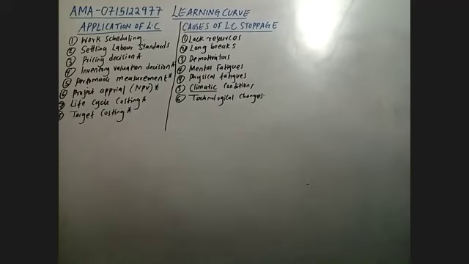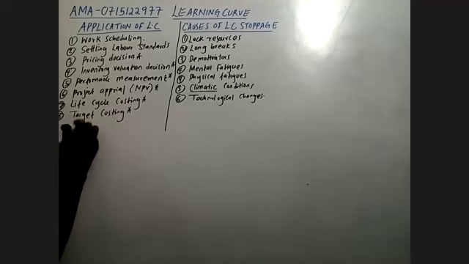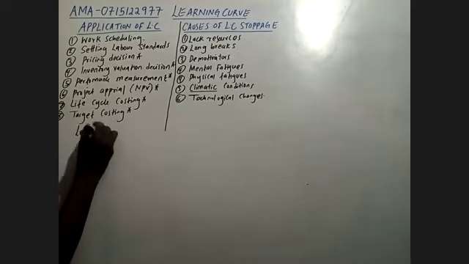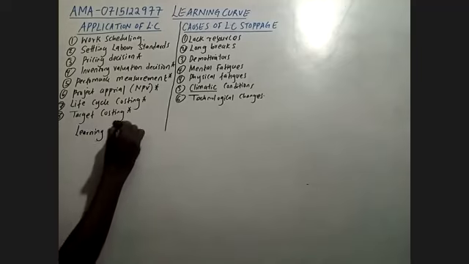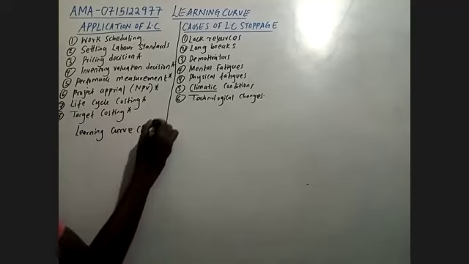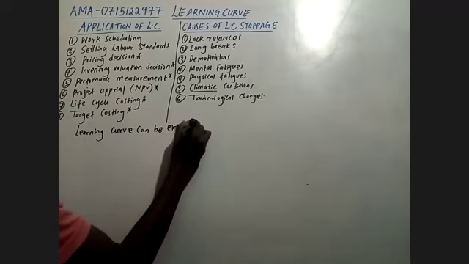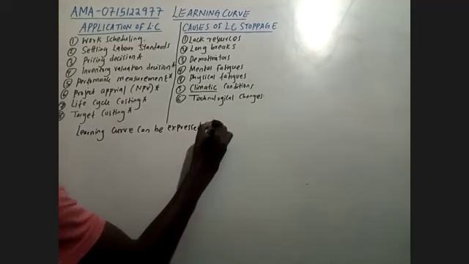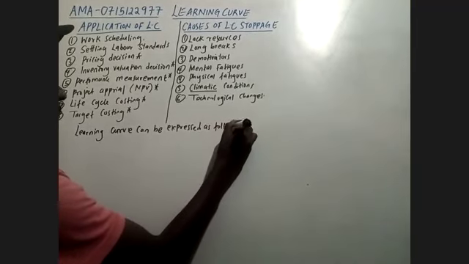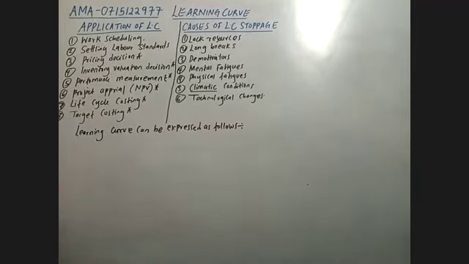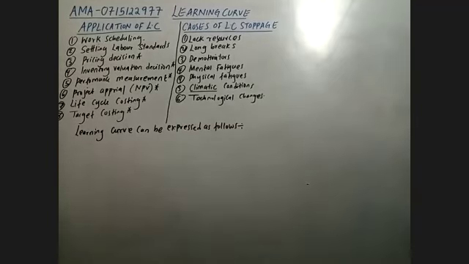Now we can talk about the formulas. The learning curve can be expressed as follows. Let us see how we can express this learning curve. Number one, we can use the total approach.